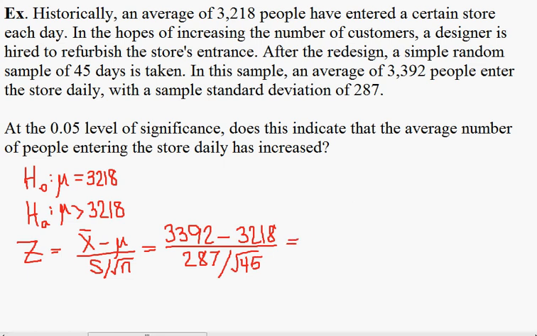And so doing the arithmetic, we get 4.06699, accurate to 5 decimal places. That's probably more accuracy than is necessary for this problem. But that is the value of the test statistic.